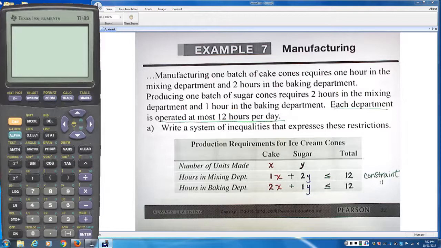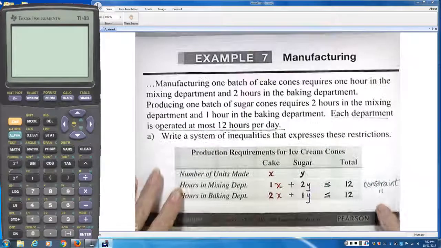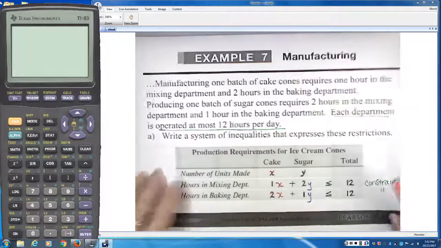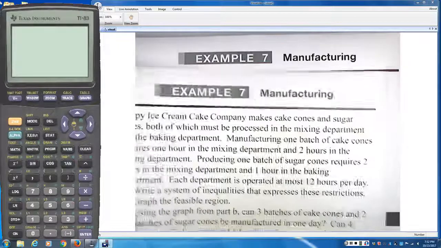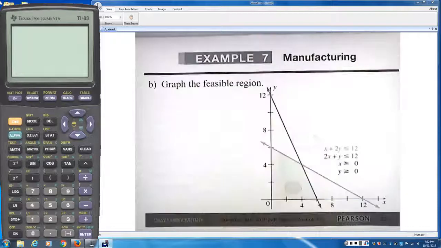So what we want to do then, and I'll go probably a little faster through these because you should already have the graphs, but they'll be up here so you'll be able to fill them in too. These don't have to be as neat. That one out of the way. So we need to graph the feasible region.